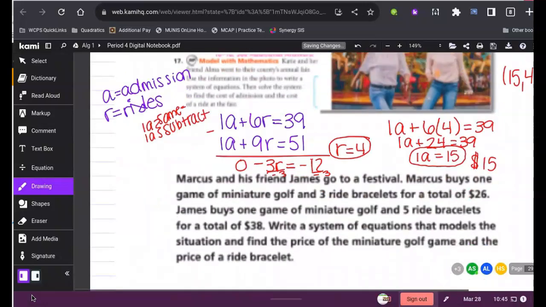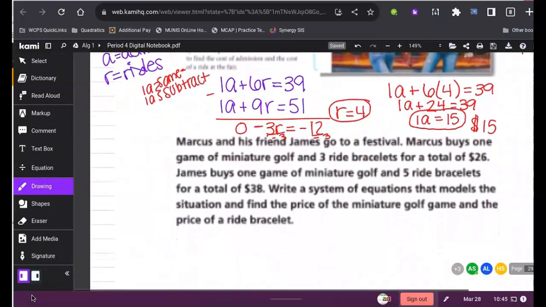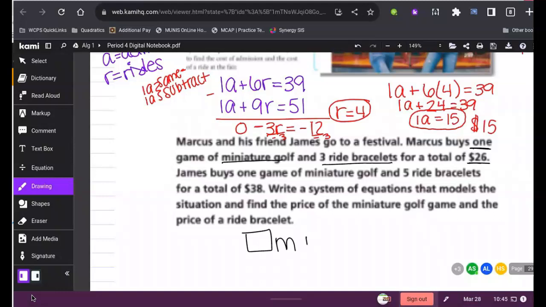All right, one more example. Marcus and his friend James go to a festival. Marcus buys 1 game of miniature golf and 3 ride bracelets for a total of $26. So we have mini golf, we'll use M, and ride bracelets, we'll use R, and the total was $26. So we bought 1 mini golf and 3 rides.